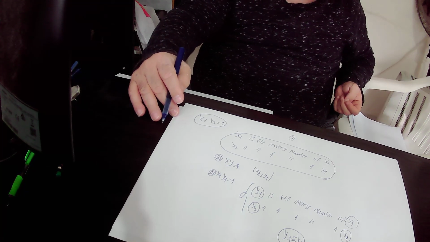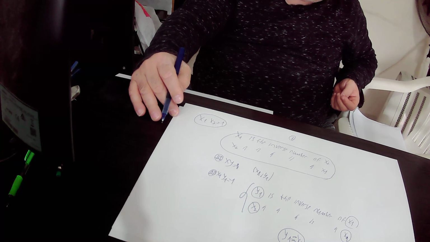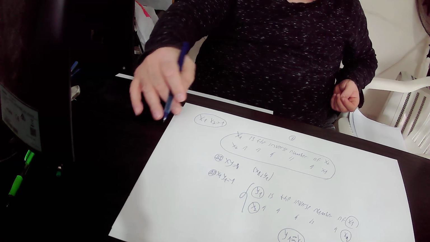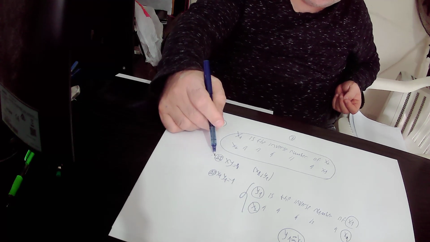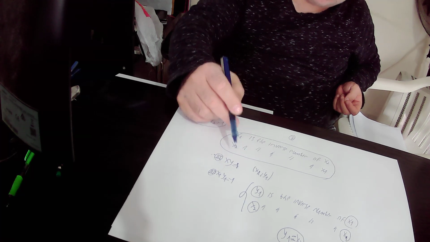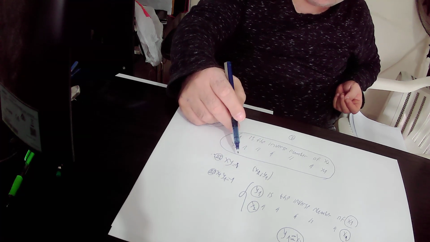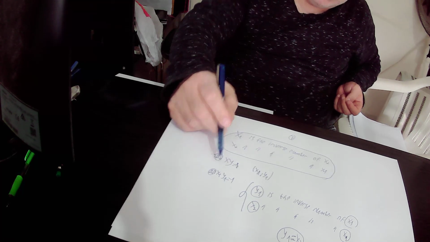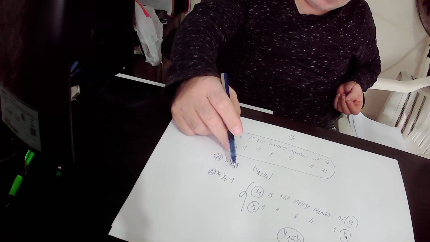If we put the solutions for x1 and y1 inside equation number 3, that is x equals x1 and y equals y1, we get that x1 times y1 equals 1.